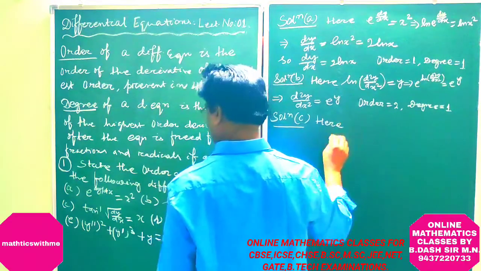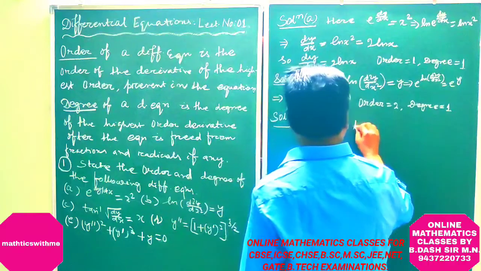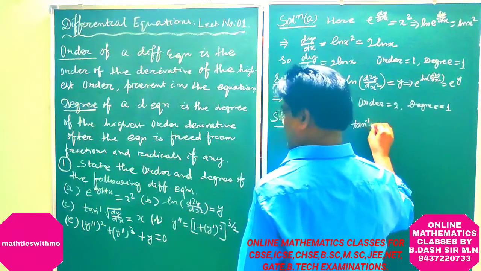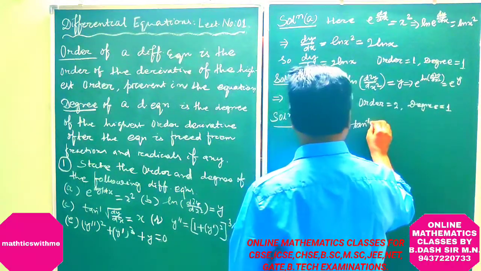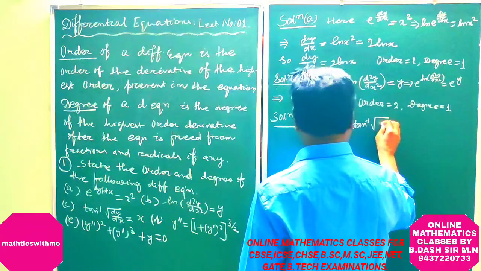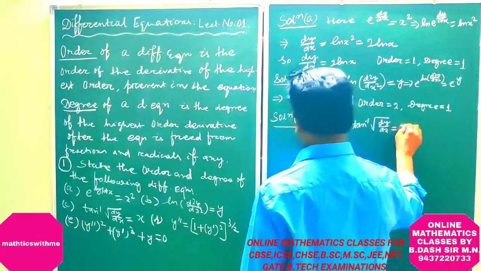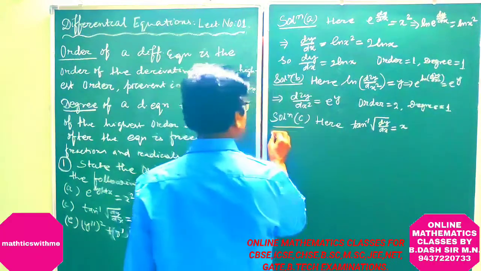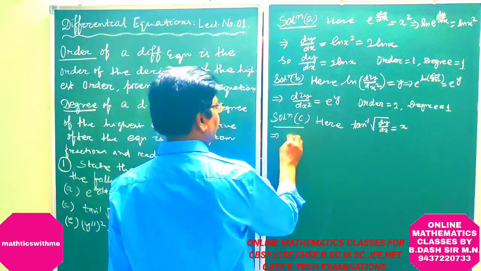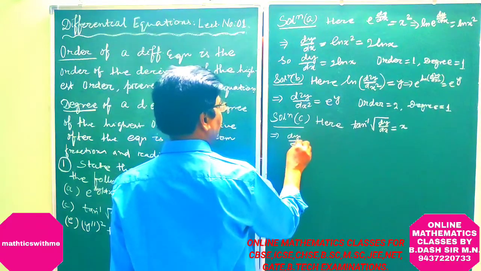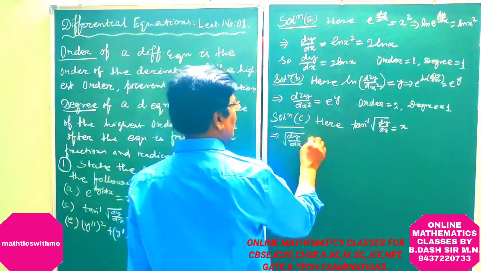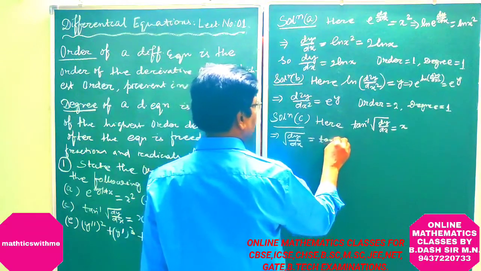Here tan inverse root over dy by dx is equal to x. So this implies root over dy by dx is equal to tan x.